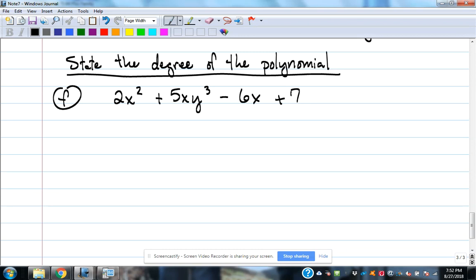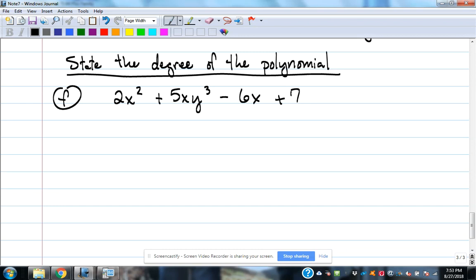No. So there are no like terms for that one. 5x y to the third. Is there anybody that's like 5x y to the third? No like terms for that one. Anybody like a plain 6x? Nope. Any other plain numbers? No. So there are no like terms that I can put together.